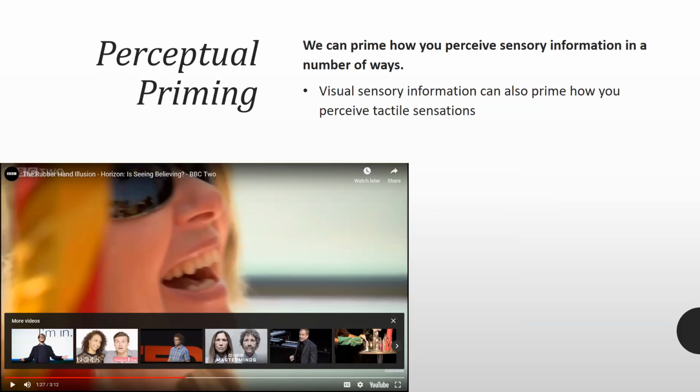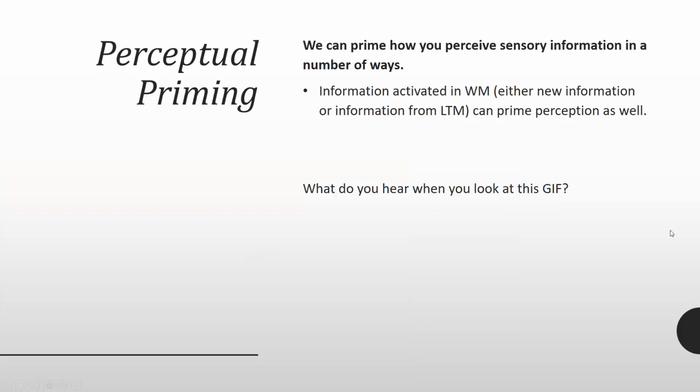Again, even knowing what this is supposed to do doesn't help prevent your perception from making these types of errors. We can see that the context of what's going on while you're perceiving things can affect what you're actually perceiving.